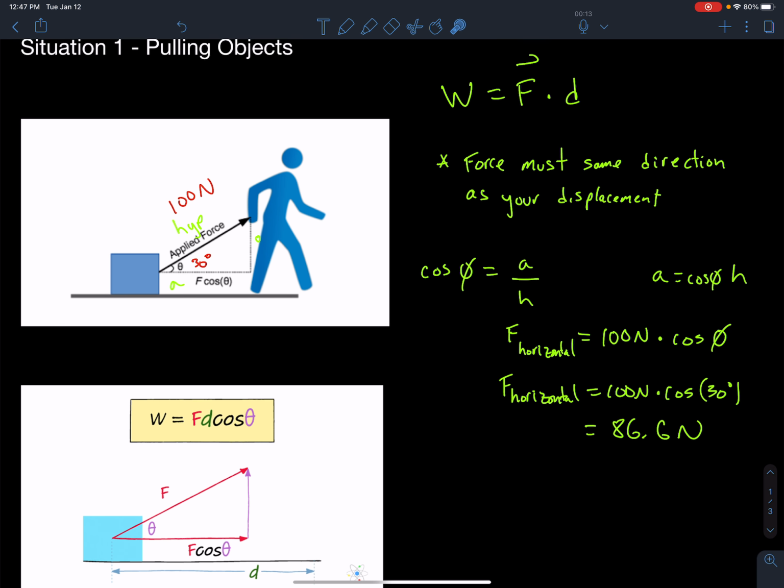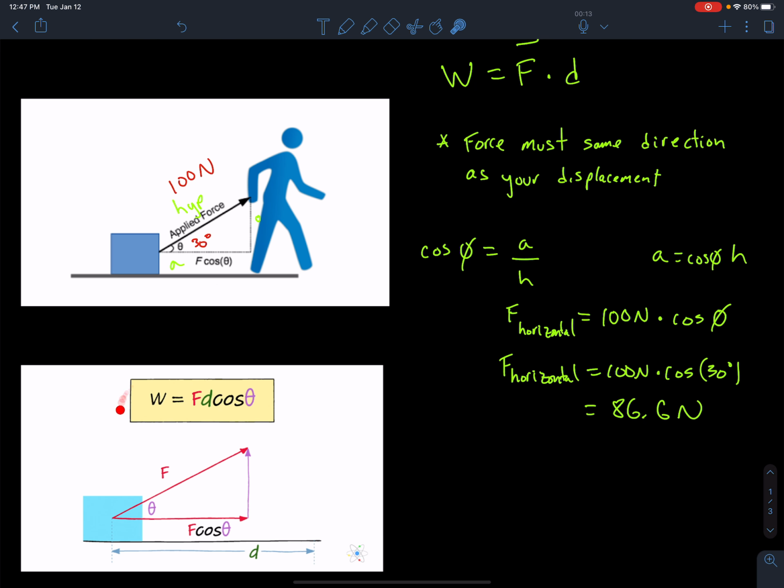So often in textbooks, you would see this equation for work, where work is equal to FD cos theta. And that cos theta represents the component of the force that you're pulling in the horizontal direction, and D is the total distance. So if D is equal to 10 meters, then my work is going to be equal to FD cos theta.